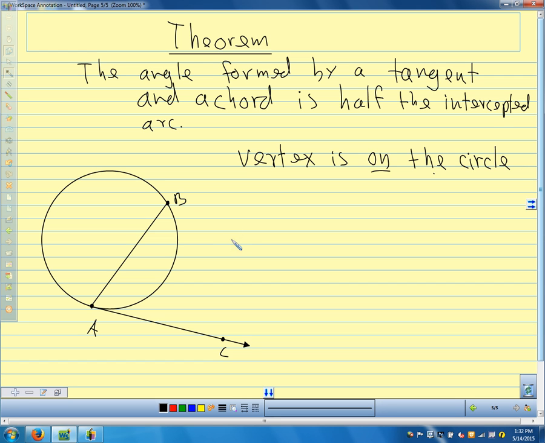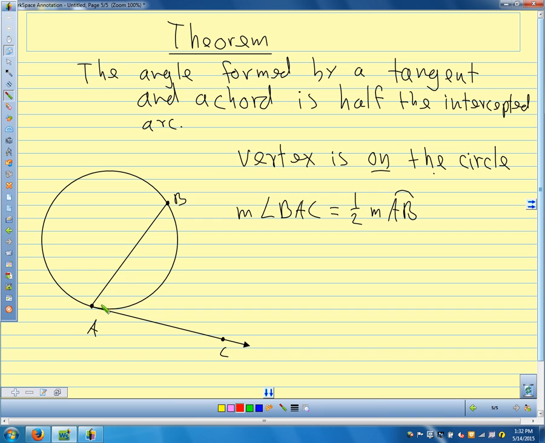So what this is saying is that the measure of angle BAC is 1/2 the measure of arc AB. Here's my intercepted arc. It goes all the way from the vertex to the other side of the circle.